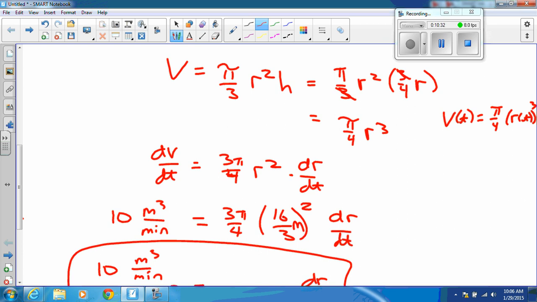That's our complete thought here. So now when I take the derivative with respect to time, and that's the key, it's a derivative with respect to time, not radius, then using chain rule, I do outside-inside, and that gives me 3/4 of pi times r of t squared, that's the outside, times r prime of t, which we spell as dr/dt.